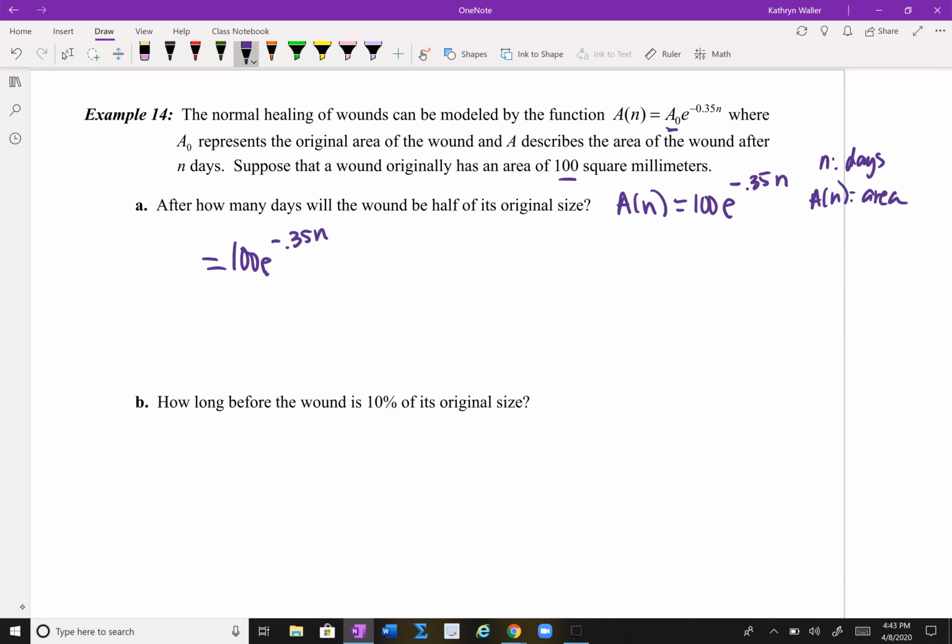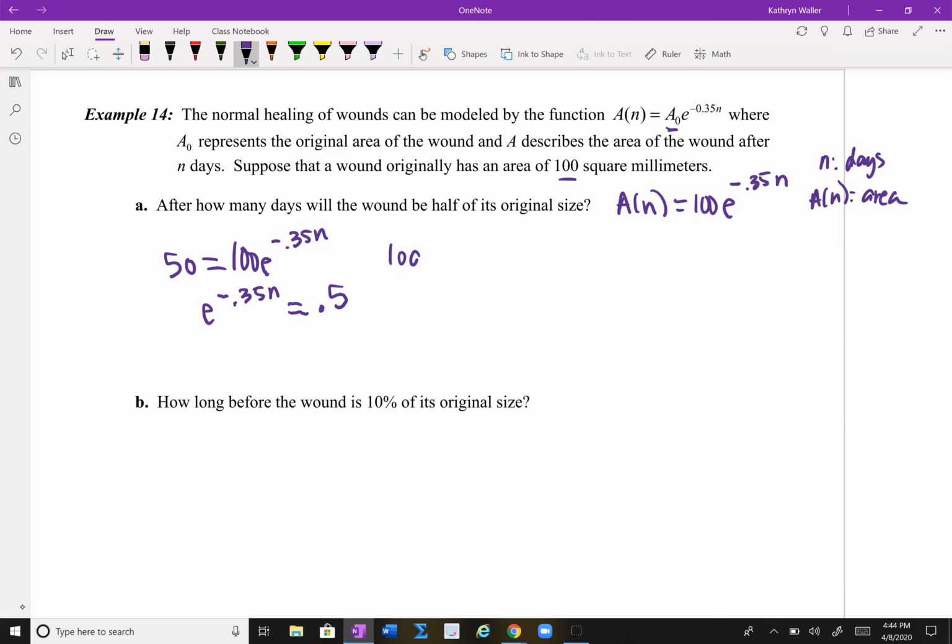So if I start with 100, half of the original size would be 50, okay? And I'm not stuck because of the 100, so I have to divide both sides by 100. And when I do that, I get e to the negative 0.35 n is 50 divided by 100, which is 0.5. And now I'm stuck, so I convert it.